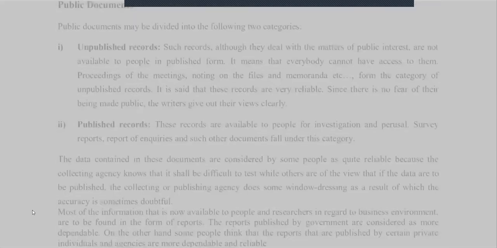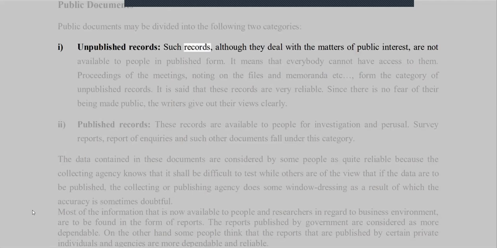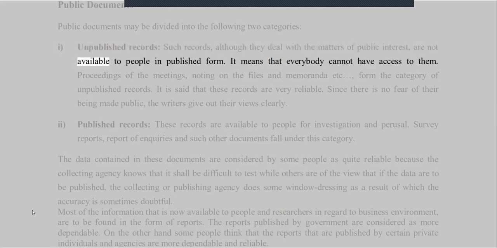Public documents. Public documents may be divided into the following two categories. 1. Unpublished records. Such records, although they deal with matters of public interest, are not available to people in published form.